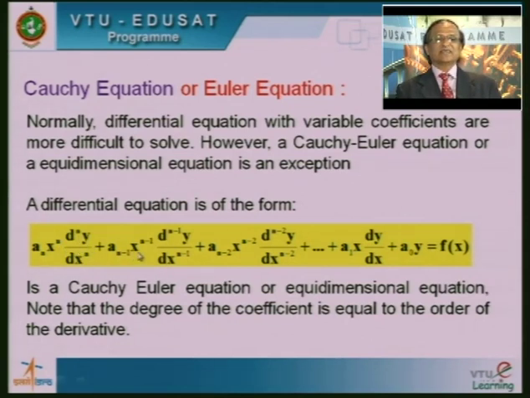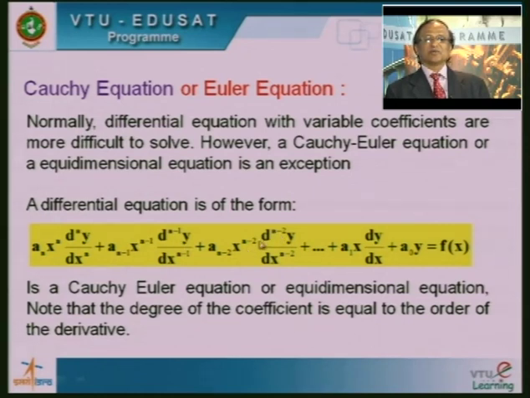In the next term, you observe the power of x is n minus 1. What I have written? d to the power n minus 1. It means these two are the same. Here I have written n minus 1, n minus 1. In the next term, I will write n minus 2, n minus 2.